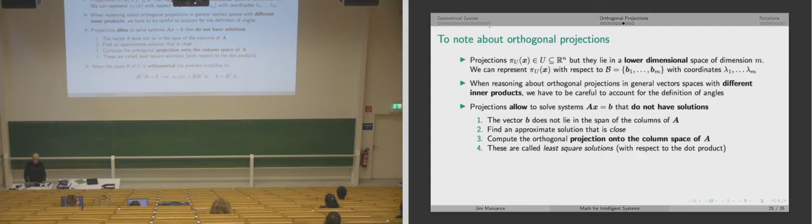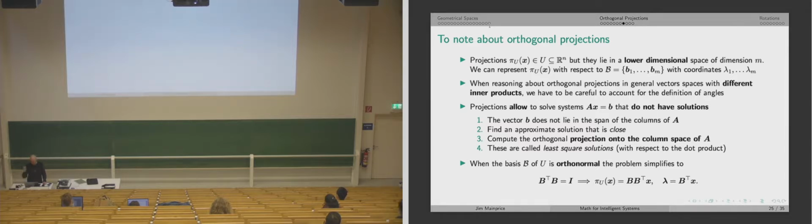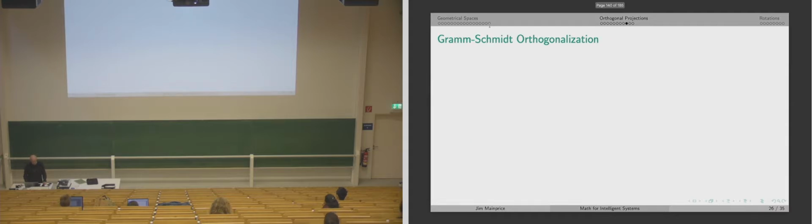And as a side note, when the basis beta of U is orthonormal, then the least squares solution we can just get by using B transpose here. Okay, that's all of what I wanted to say for that. We are quite late on time.